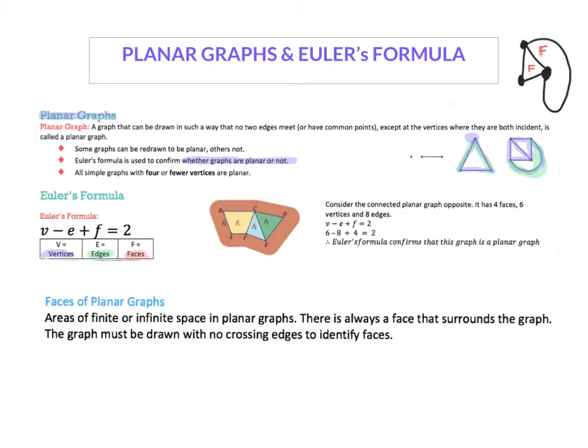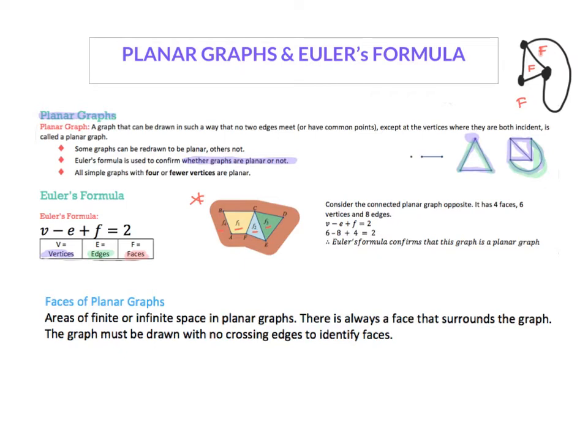And actually, the area that the network is on is also always a face. So we've got 1, 2. This one that I've drawn has three faces. If we look over here on the diagram down here, they've counted the faces, so they've colored them in. We've got 1, 2, 3, and they've called the outside face 4.